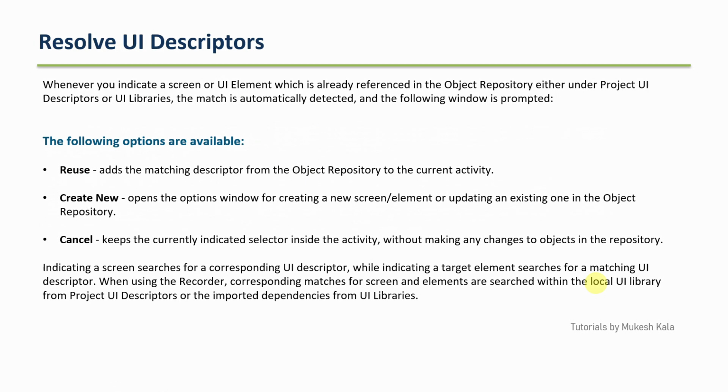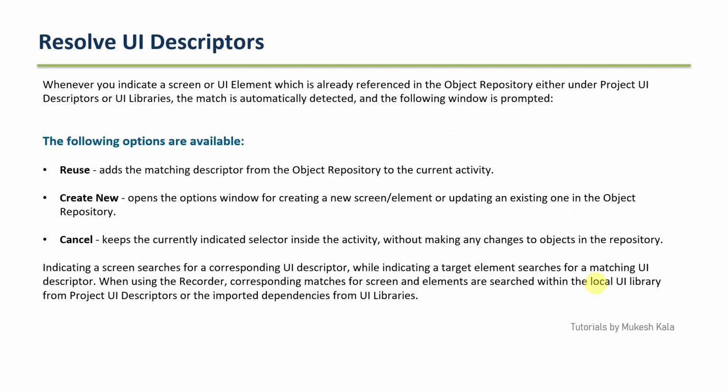Next, there is something which is called the resolve UI descriptors, and these are some of the options which you might get when you are working with the UI object repository. Let's say there is a scenario where the object repository already had some element which is referenced. Let's say the withdrawal screen and the check one, or the deposit screen or the cash in and the accept button. We already have that.